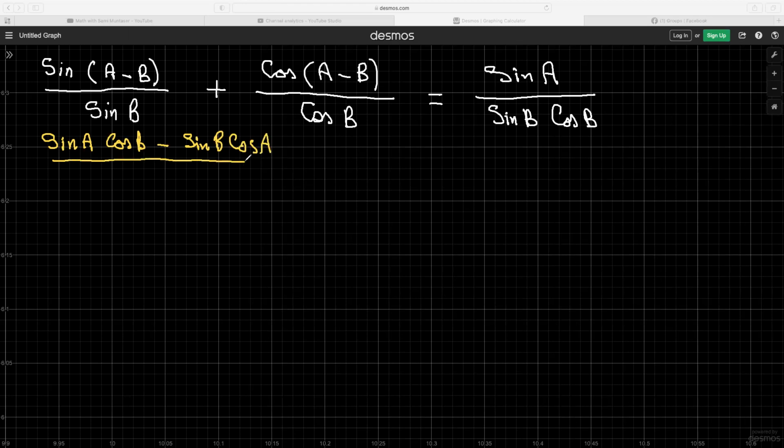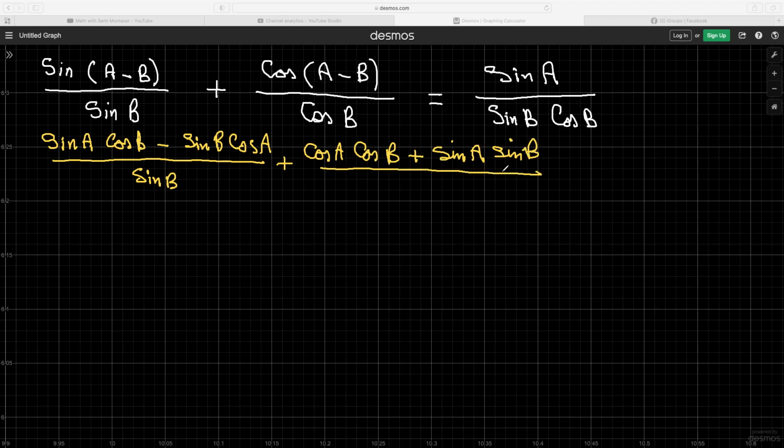And you still have all of this all over sine B, plus, and the cos subtracting identity is cos A cos B plus sine A sine B, all over cos B. And remember, we're trying to prove that this is sine A sine B cos B. So that's what we're trying to prove. This whole thing here equals that.